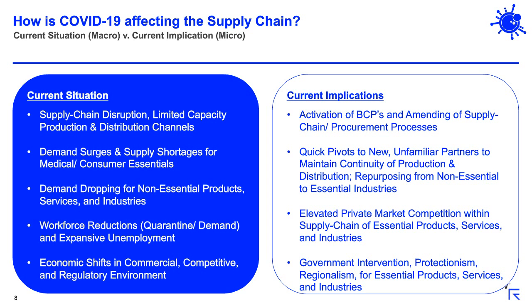More than a few countries in the UK and the EU also applied similar pressure to private enterprises around PPE, and certain countries have taken similar measures and export bans around food production and export. So obviously it's changing the environment, and it's causing these shifts in the commercial, competitive, and regulatory environment in general, especially for private enterprises and how the governments are now interjecting themselves in this situation.